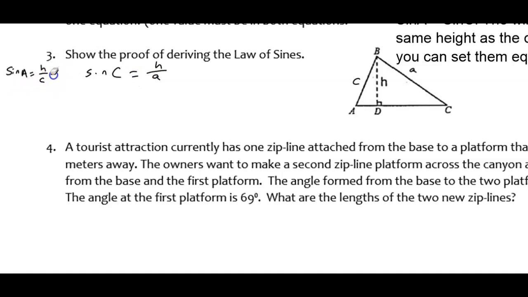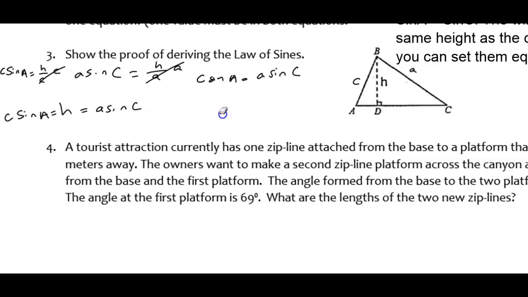When I isolate h over here, if I multiply by C on both sides, h is now by itself. So I have C sine of A equals h. And over here, I can isolate h by multiplying by A on both sides. So h equals A sine of C. You see how both of those equal the same h now? Since they equal h, I can set these equal to each other. C sine of A equals A sine of C.